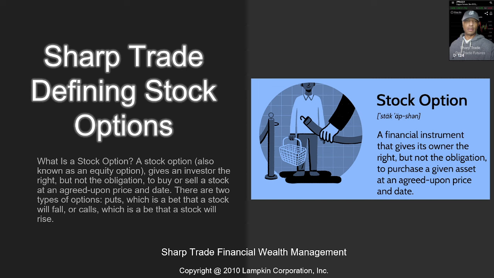You don't want to get caught having to pay for or take control of 100 shares of Apple stock, right? I don't know how much that would be. It'd be like 100 times $180. You do the math, you know what I mean? I think it's about $100,000. So you don't want to get stuck with that type of stuff.